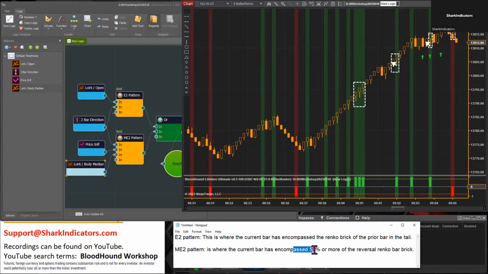So if you ever wanted to adjust this to like 66%, you would need your own specialized indicator to calculate whatever the 66% price is of the Renko bar's brick.